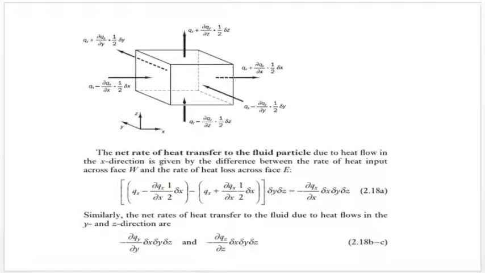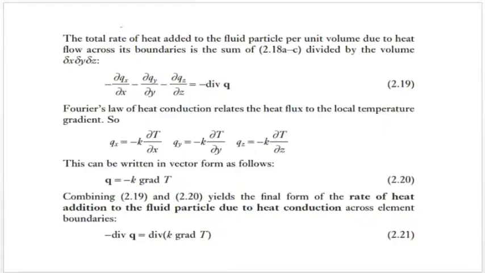Similarly you have to write for the y and z directions. It is the same thing, it is a net heat, so you are going to add all the equations 2.18a to c. Those three equations you are going to sum up and divide by the overall volume. What is volume?